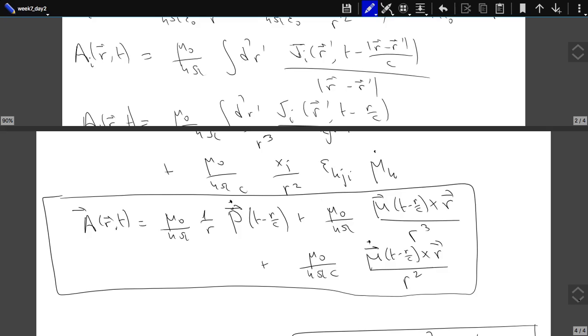These dipole moments that we define over here depend only on time. So the derivative with respect to r will involve the derivative of mu with respect to t minus r over c, and then the derivative of t minus r over c with respect to the components of r. So that will bring you additional time derivatives of the dipole moments.